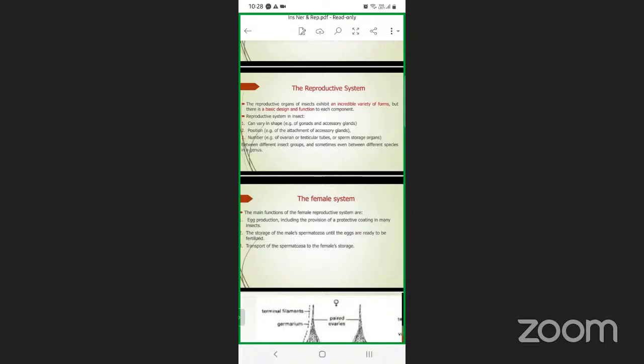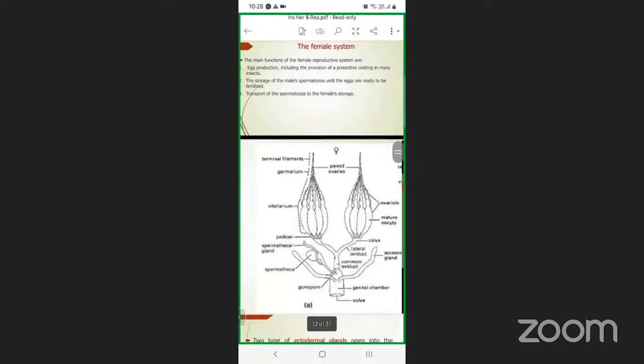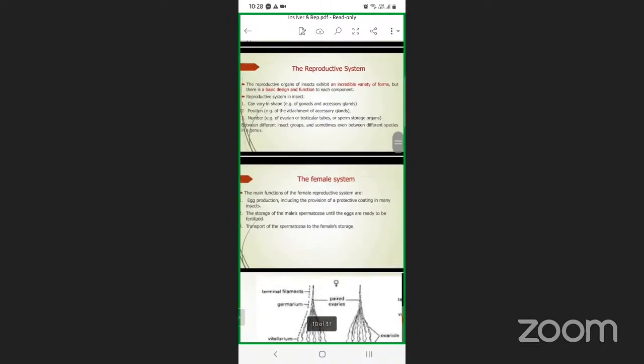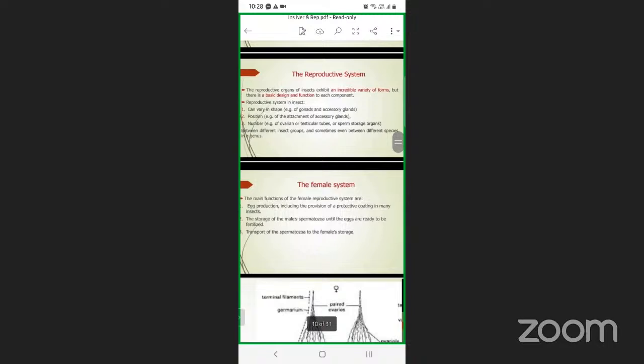So coming to the male, first we'll talk about the female reproductive system. Basically, what we will write in the reproductive system is that the organs of the insects exhibit an incredible variety of forms.